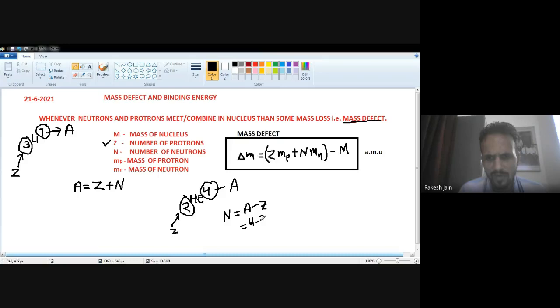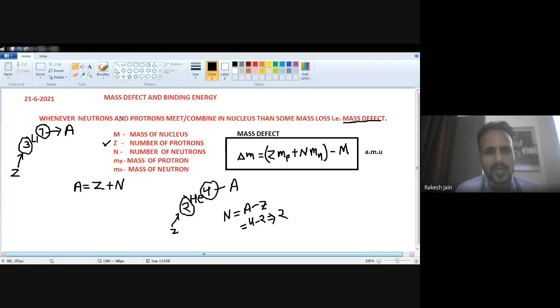After completing this theory, we will take the examples of lithium, helium, beryllium, so you will easily solve the frequently asked numericals. So N is equal to 2, Z is equal to 2, right?